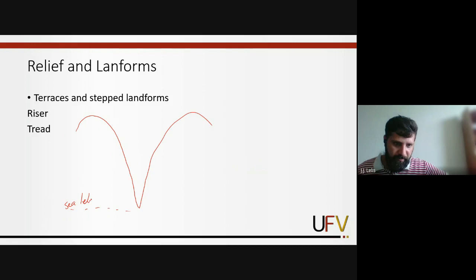And when the river is quite close to the sea level, it starts to increase not the depth anymore, but the width of the channel.